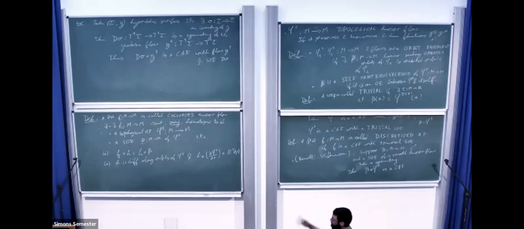So this is a class that can be useful, and that's the thing we're going to try to do. It's useful in terms of classification because if one can show that every partially hyperbolic is a collapsed Anosov flow, then you reduce the question of classifying partially hyperbolic to classifying Anosov flows and self-orbit equivalences, which is not complete, but it's far along.